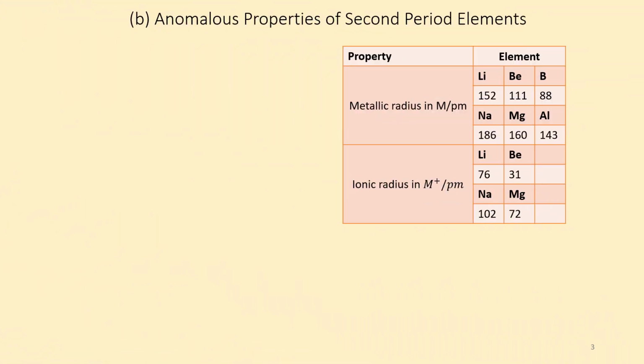Anomalous properties of second period elements. The first element of groups 1, that is lithium, group 2, beryllium, and groups 13 to 17, that is boron to fluorine, differ in many respects from the other members of their respective groups.